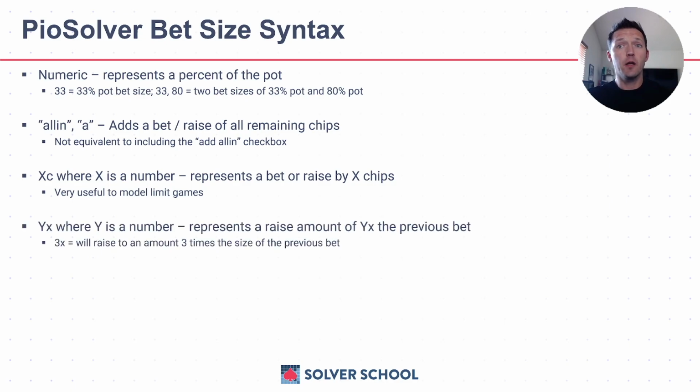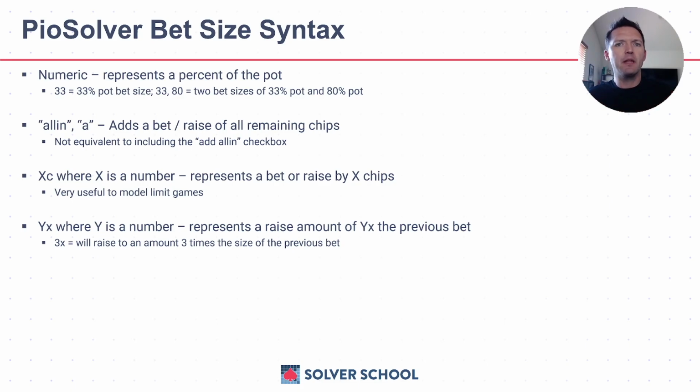The next value here is where you are adding a raise size as a multiplier of the previous bet. The format here is YX, where Y is a number. Again, same thing as previously. It doesn't matter what number you choose, you just have to use the letter X after it. And what that's going to represent is a raise amount of Y times the previous bet.